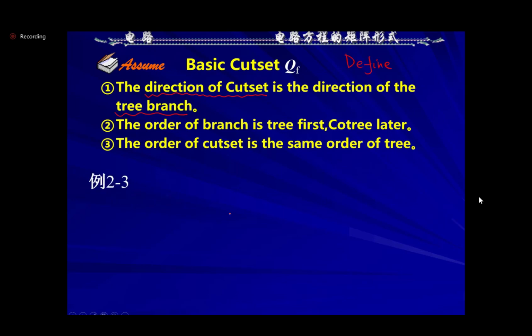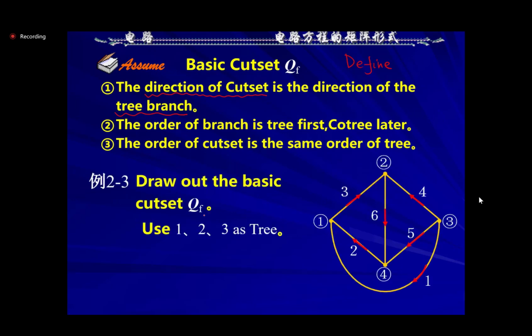For example, draw out the basic cutset Qf. For this sequence, we choose 1, 2, 3 as tree, so 4, 5, 6 are the co-tree.